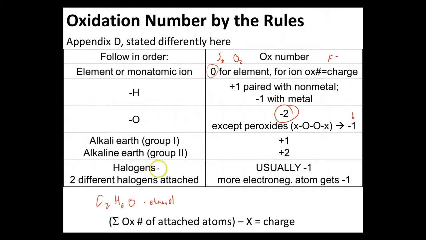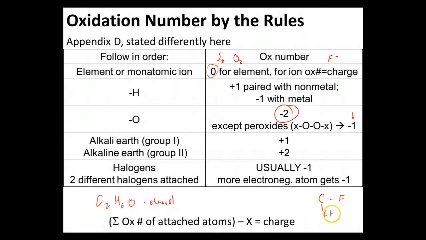When we come around to our halogens, those are usually going to be -1, but sometimes we're going to see halogens have a +7 oxidation number, and there are some other options as well. The biggest one is if we have two different halogens attached to a central atom. Suppose we have something like carbon bonded with a fluorine and a chlorine, and other things too.